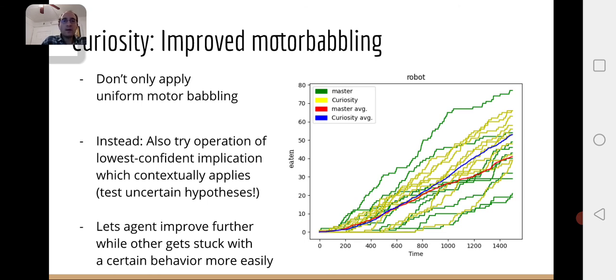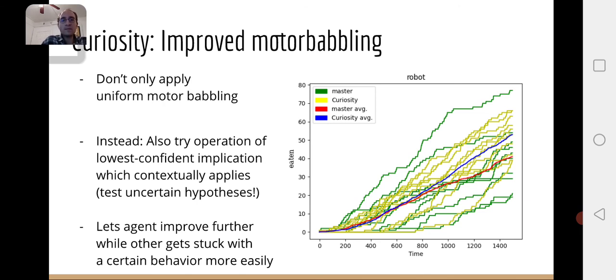Previously we already had motor bubbling in the system, which is that it sometimes tries a random action, which is a form of exploration. But this is not very smart to do. Even though it's very widespread in reinforcement learning, it's not a smart thing to simply try random action uniformly. At the beginning it's necessary because there is zero knowledge available.